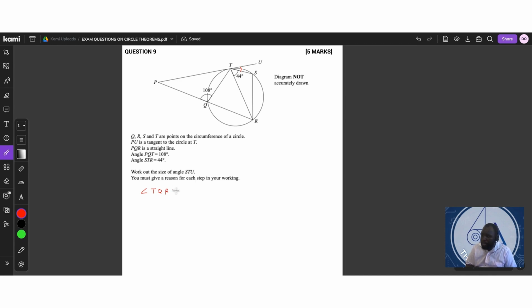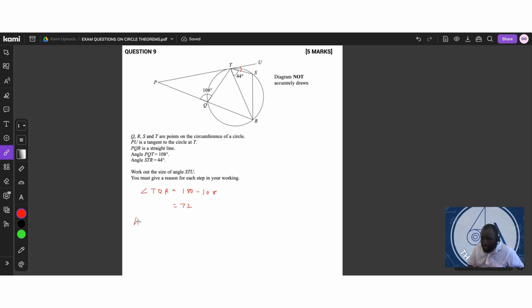Angle TQR is going to be 180 minus 108 degrees. The reason for that is very simple. We have 180 minus 108 degrees, and that is 72 degrees. And what is the reason for that?